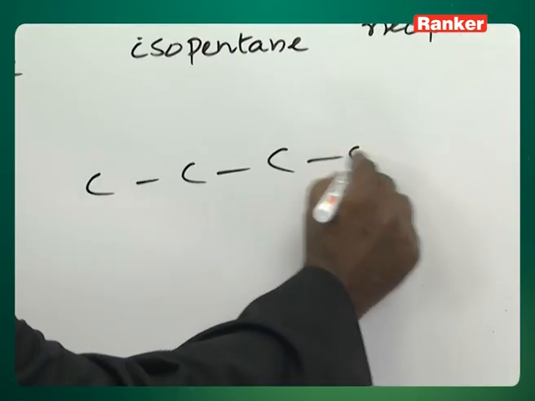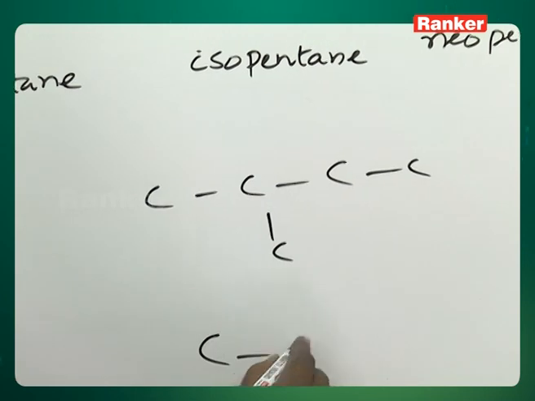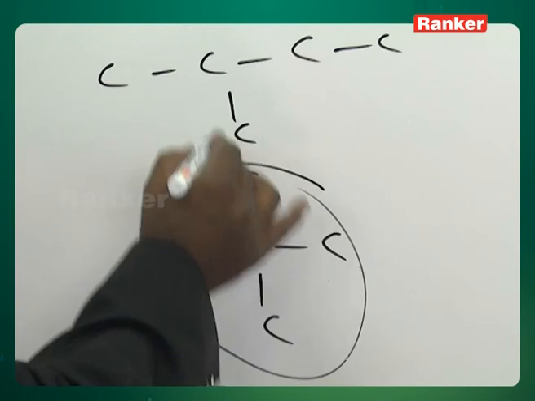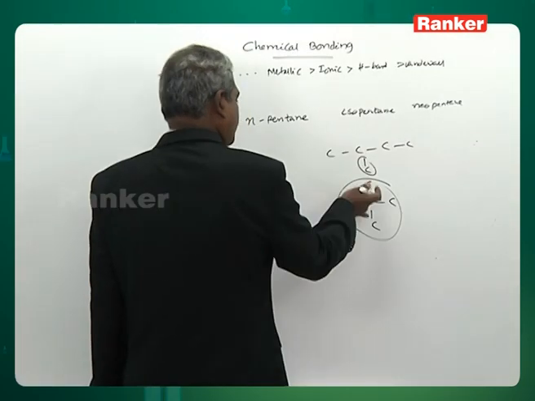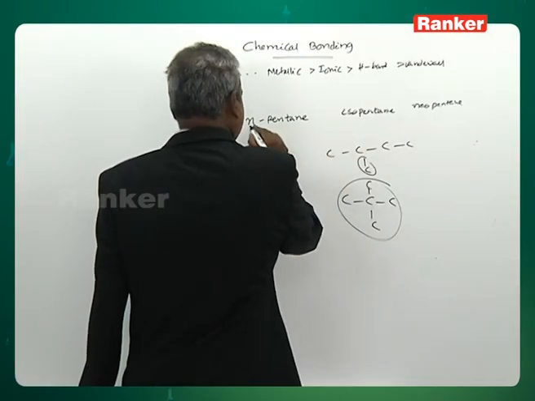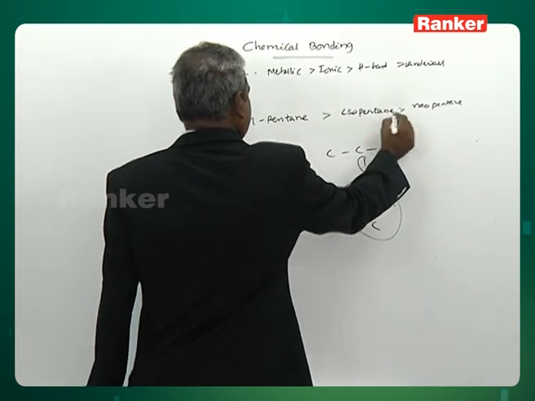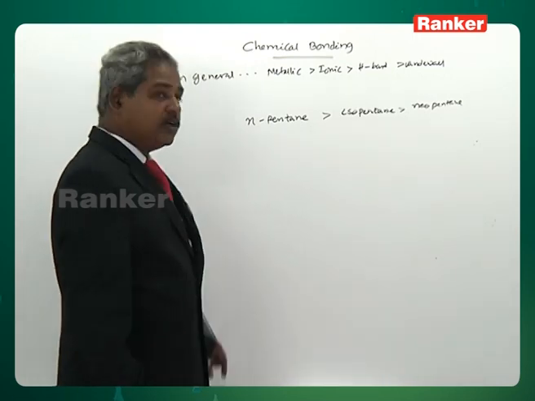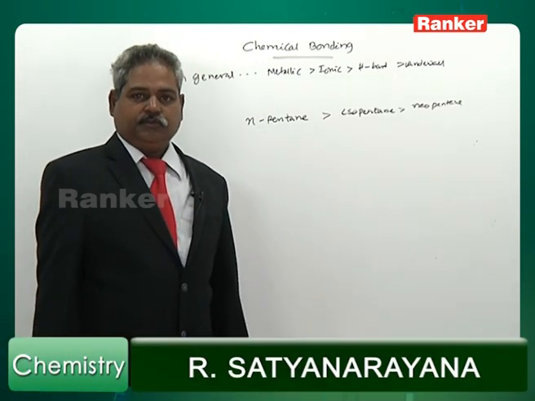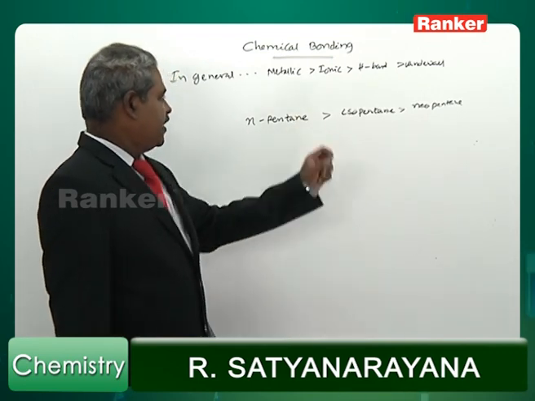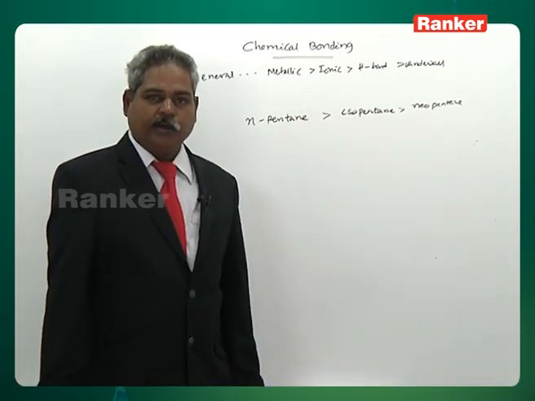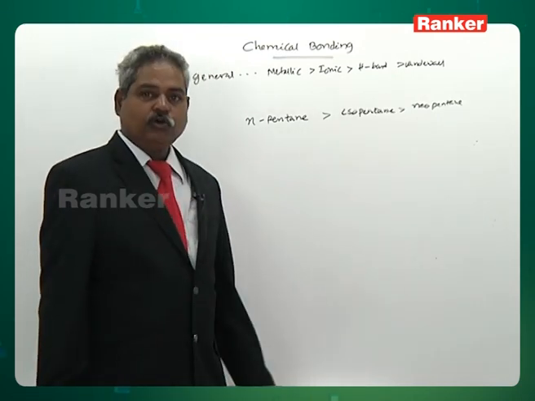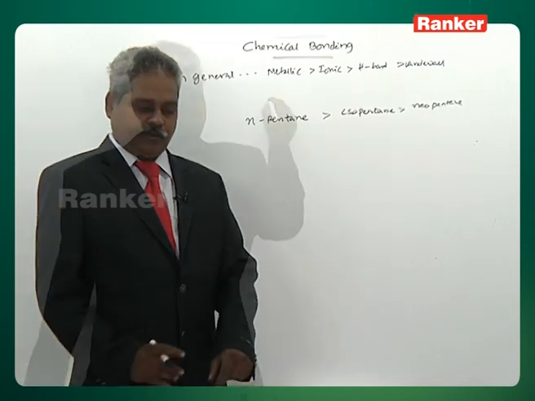This is isopentane and this is neopentane. 5 carbons, but still more branches, therefore less boiling point. So this is used as a last tiebreaker. Talking about surface areas and their dependence on boiling point, that is the last resort. You look at it when there is no other force of attraction actually.